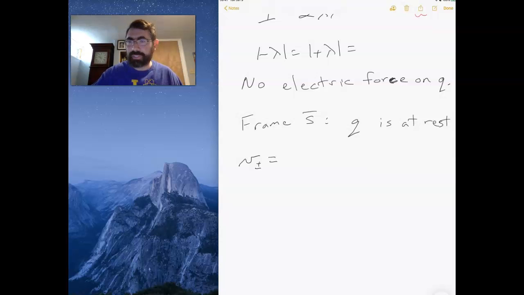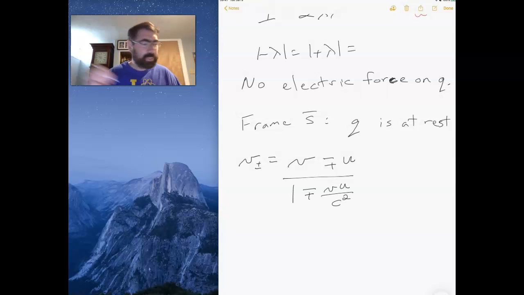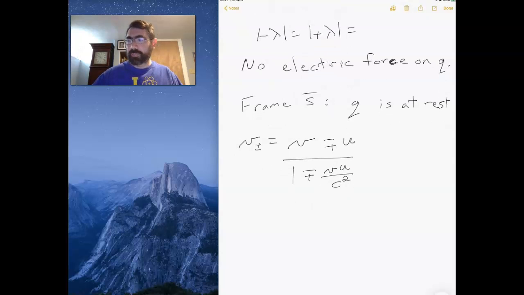Our relativistic equation for those velocities is the velocity measured by S, minus plus the velocity of the frame u, divided by the factor 1 minus plus vu divided by c squared. That's the velocity measured by S bar of the line charges.